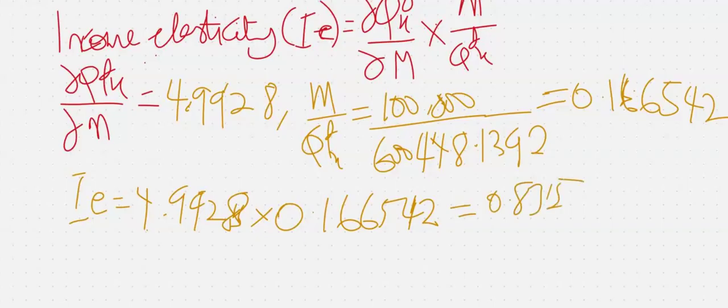That's sufficient. If we were to interpret, we would say this good is a normal good because the income elasticity is positive.